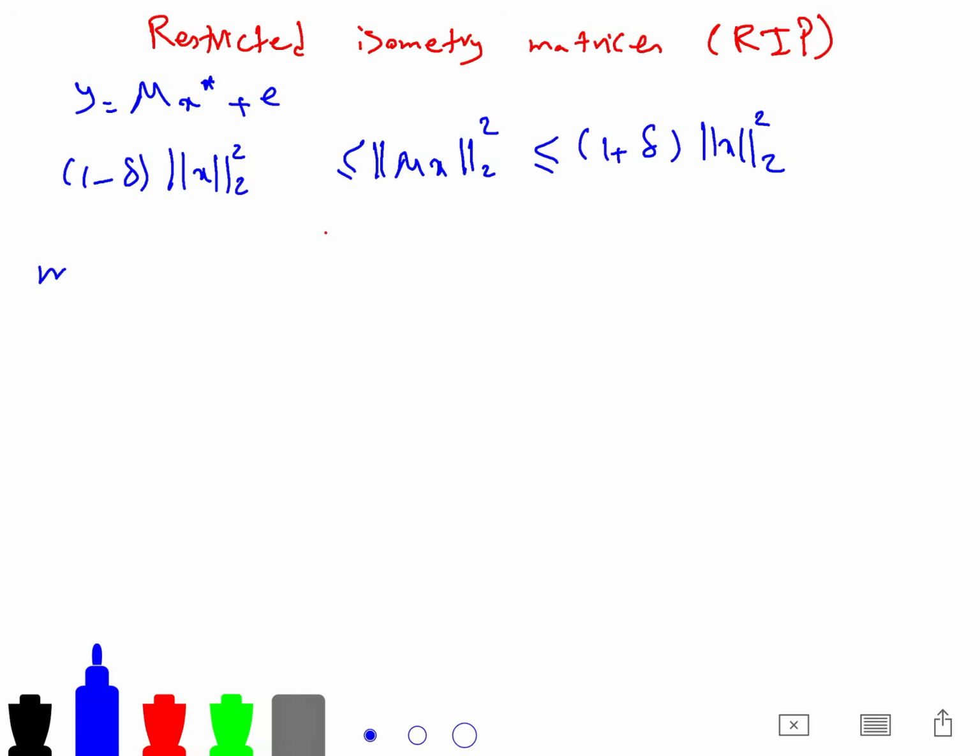And you know that m is less than d. The key result is that m is just of order k log d over k.